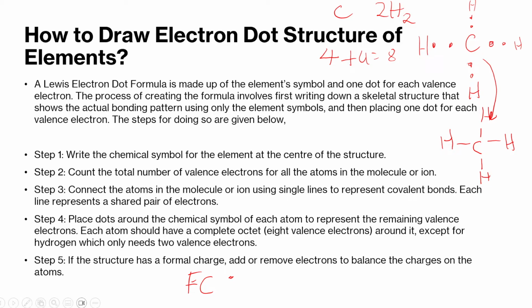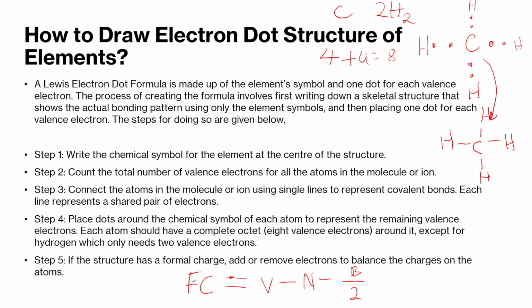Let me just quickly get this in there. So you're going to have something like this. It's going to be equal to valence electrons. I don't want it to look like electron volts, so I'll just use V for valence electrons, minus the number of non-bonding electrons, N, minus bonding electrons divided by 2.